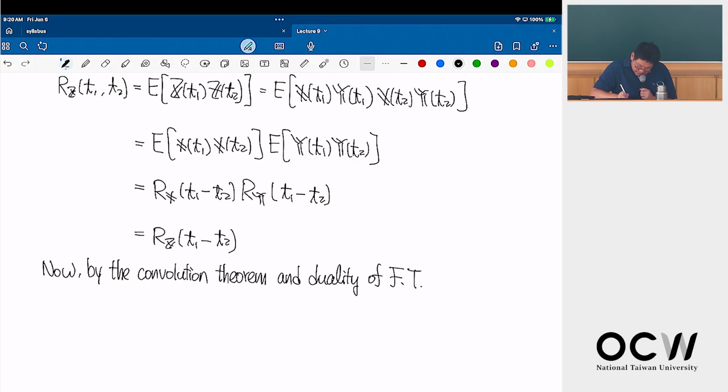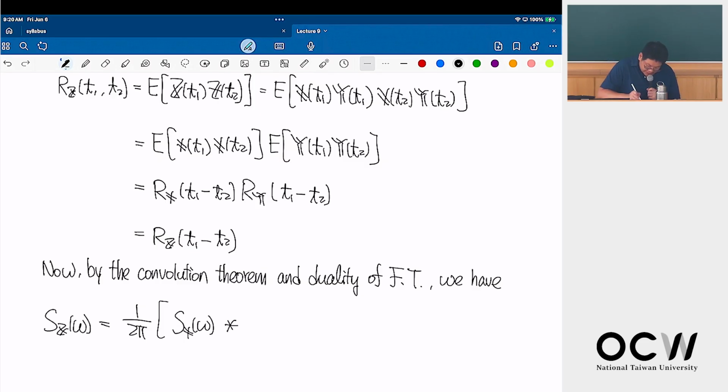Then the power spectrum of z is 1 over 2 pi times the convolution of the power spectrum of x and the power spectrum of y.